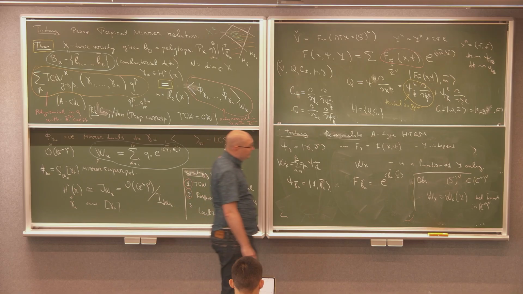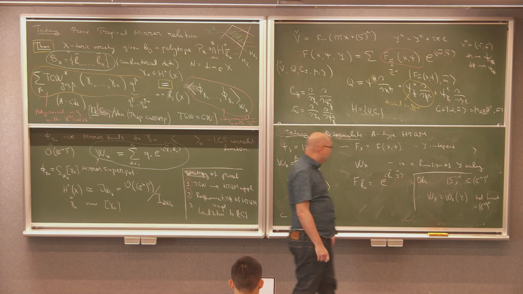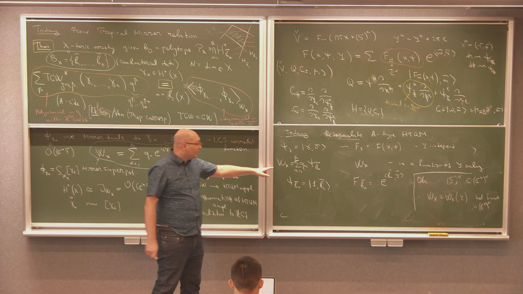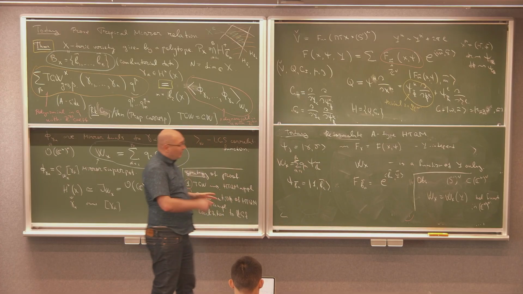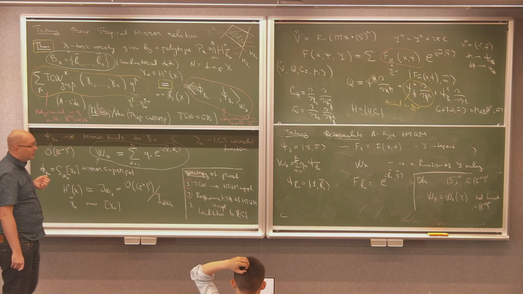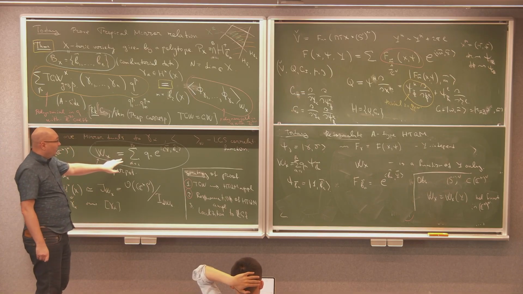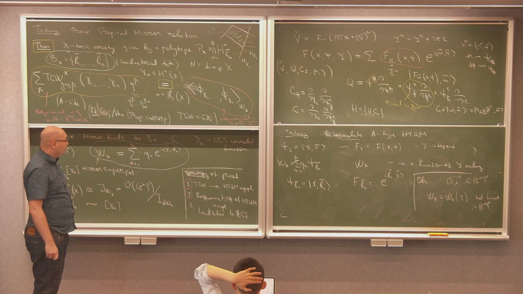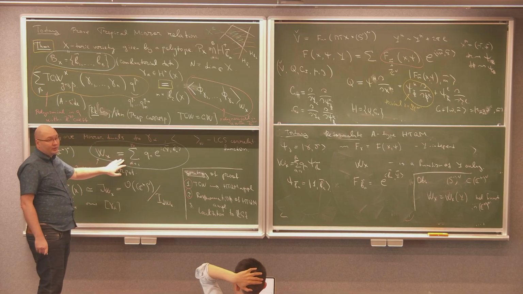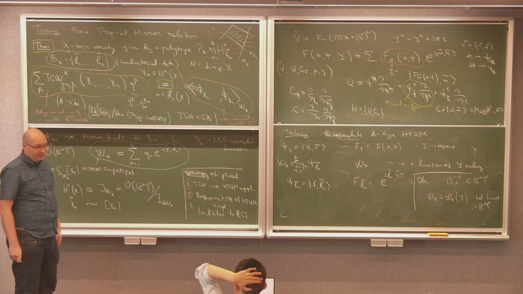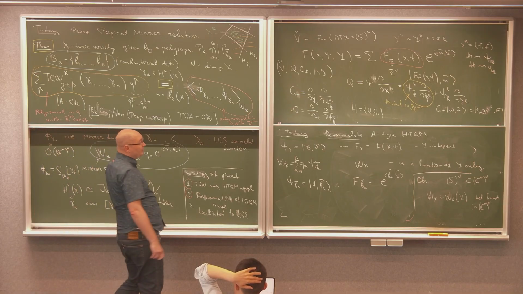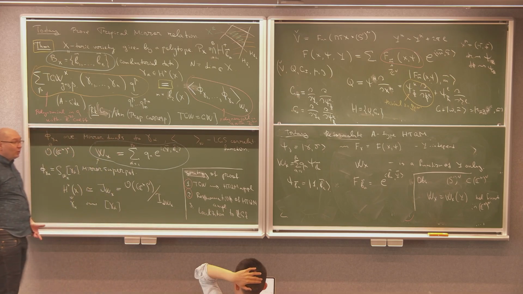So we see that the structure of this W of x, which was some formal combination of these compactly defined states, after we performed this change of basis looks identical to the mirror superpotential. And that is a first signature that we are on the right track.